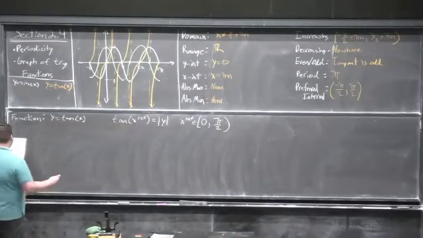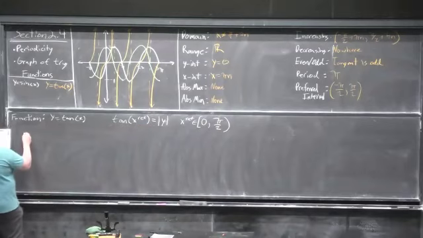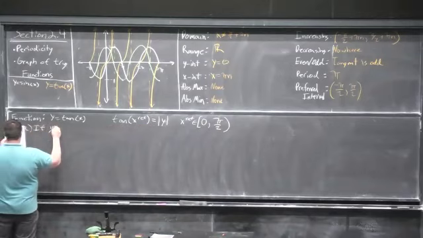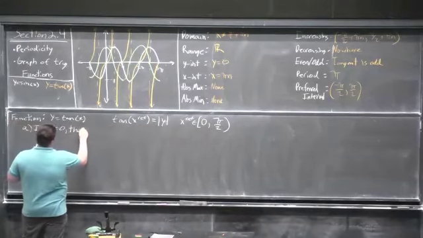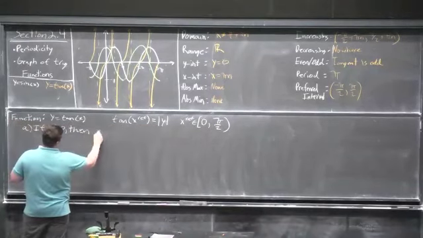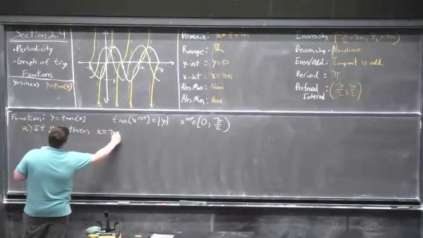So with this notation, we can say that A, if y equals 0, then x is equal to pi n.